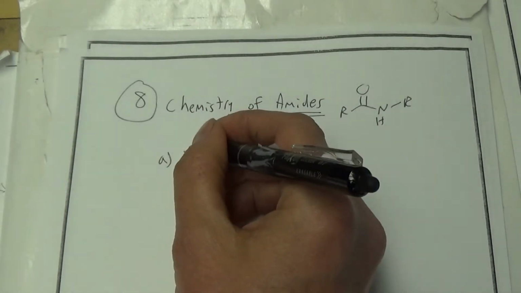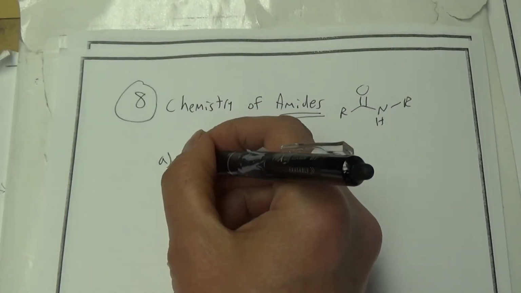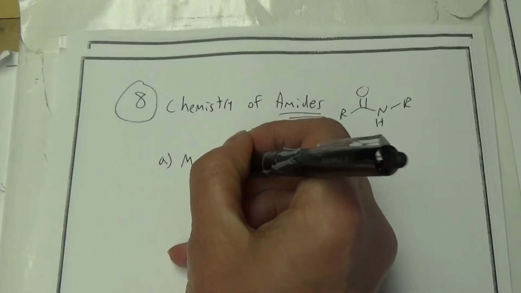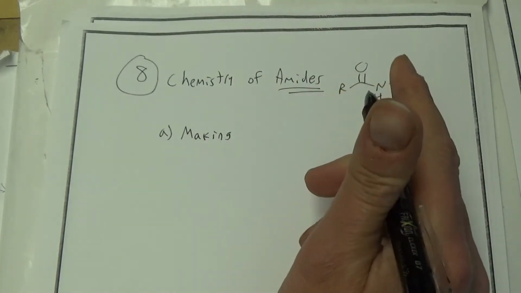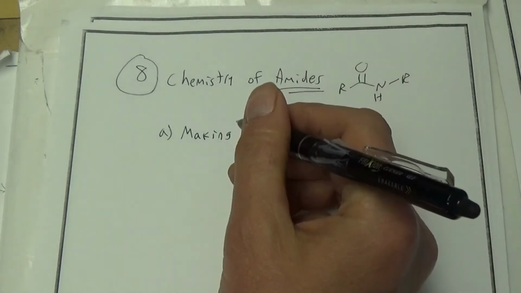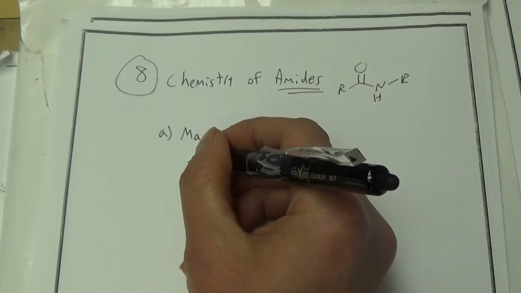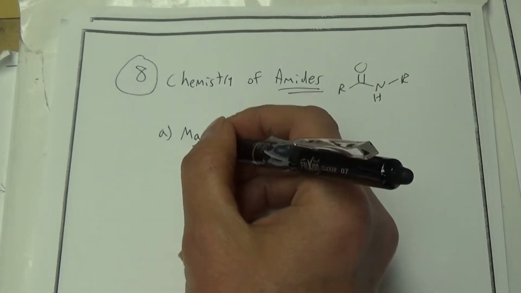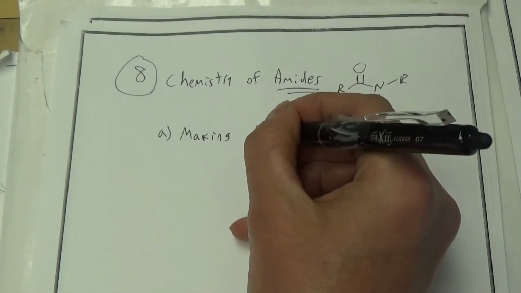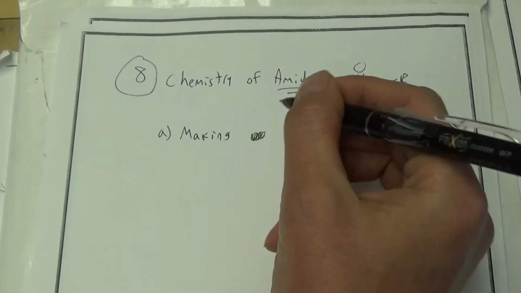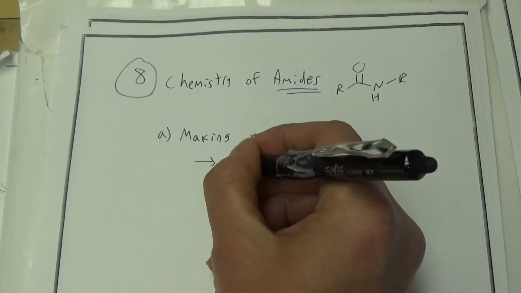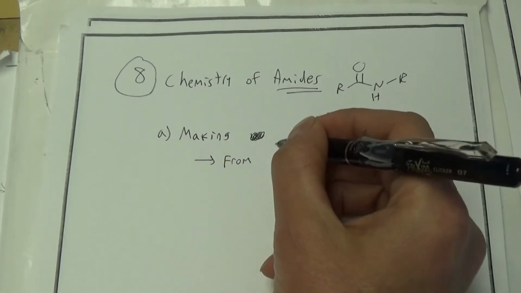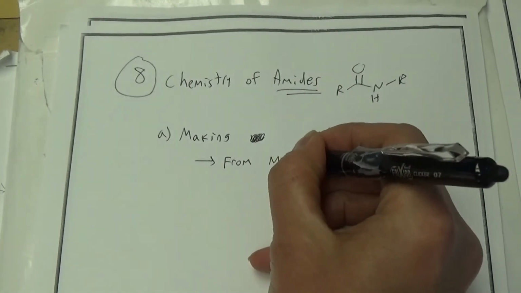So, following our little pattern, first thing we're going to talk about is how to make amides. And this is totally easy because you know about it. You know how to make amides. One way, a typical way to make amides, is from more reactive derivatives.